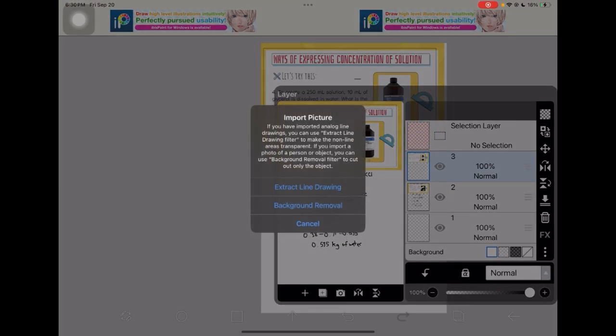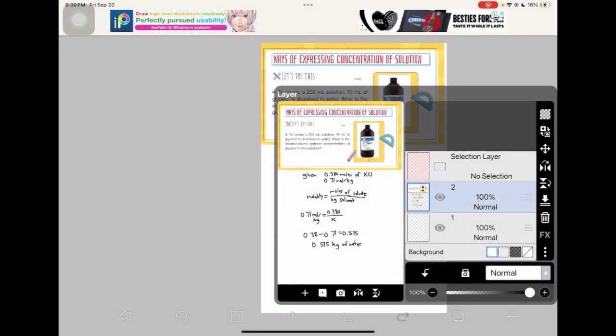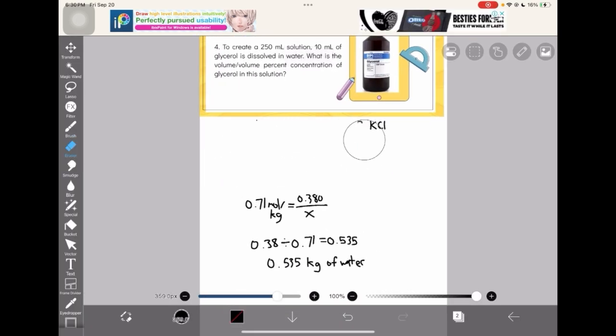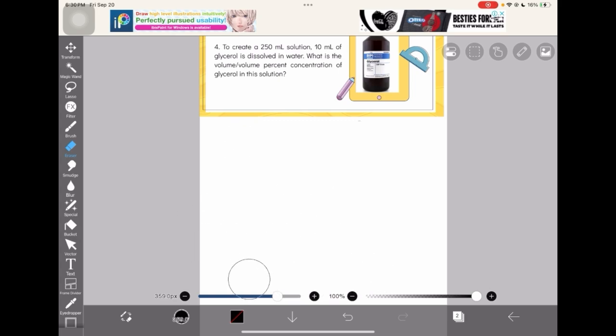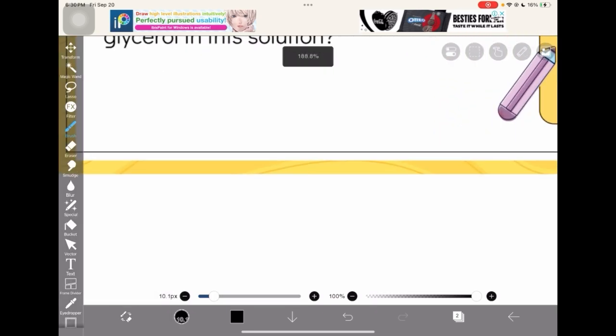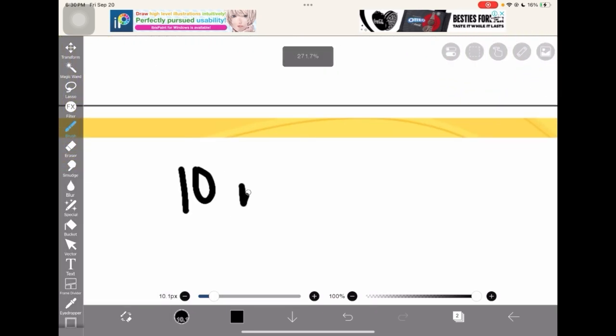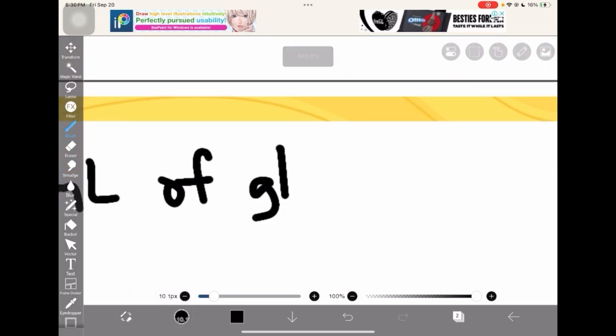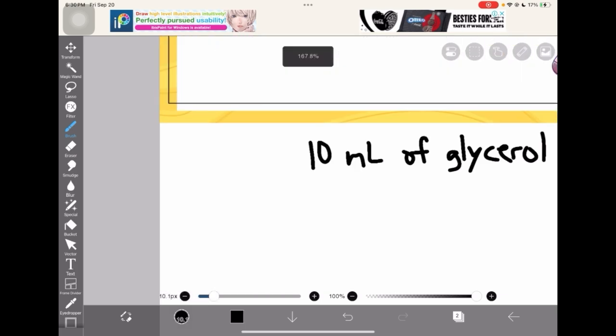So the fourth one is now about the volume, the percent by volume now. So let's do this. So the given is that 10 ml of glycerol and 250 ml solution.